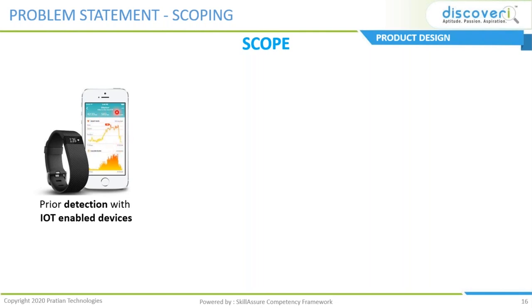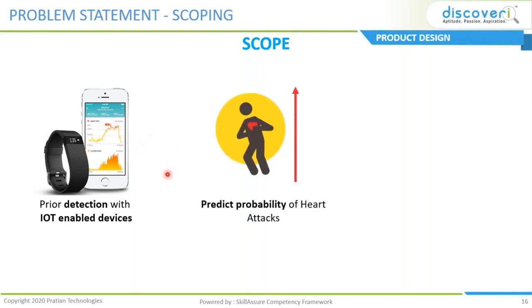Once we get all this data, we need to do something with it. We cannot just store it in the database. That is why the second feature is very important: predicting the probability of heart attacks from all this data.